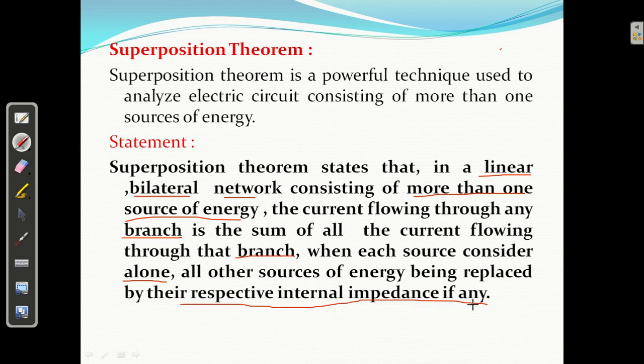If not given, voltage source short, current source open. That is the statement. That means we consider one source at a time and remove the other ones. Find the current through that branch. The second time, consider the second source, remove the other sources by their internal resistance, and then find the resultant. Clear? That is the statement.